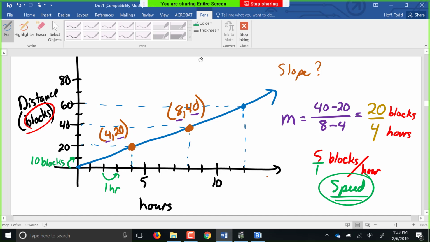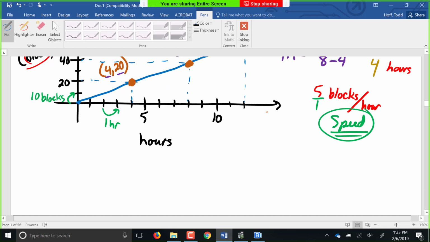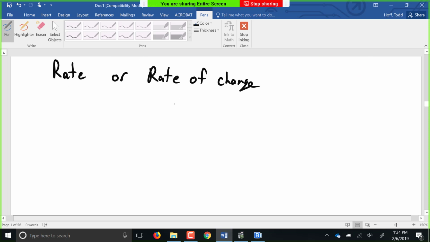In many cases in real life, that slope is a rate or a rate of change. Now this one, since we're walking, the speed was kind of contrived. Blocks per hour is not a common unit. We'd be more familiar with miles per hour. But we might have something like this in a medical application.